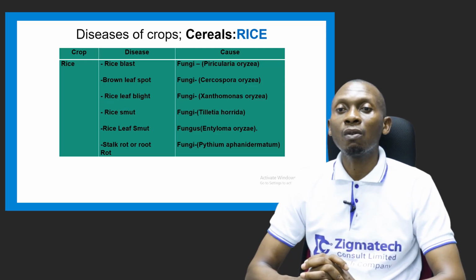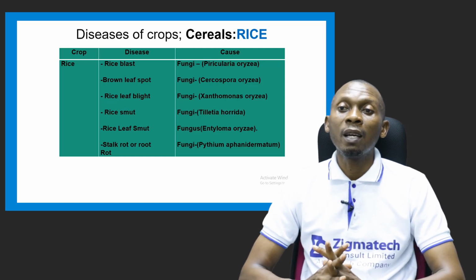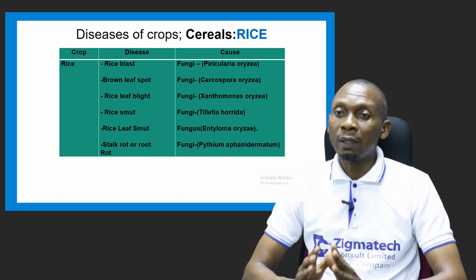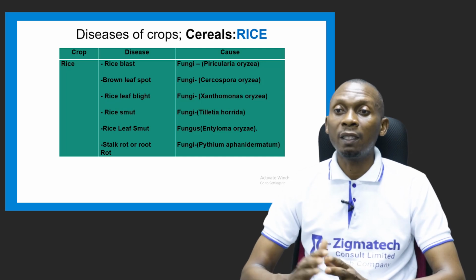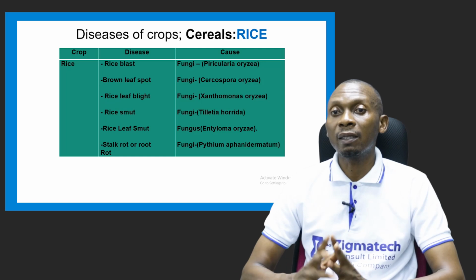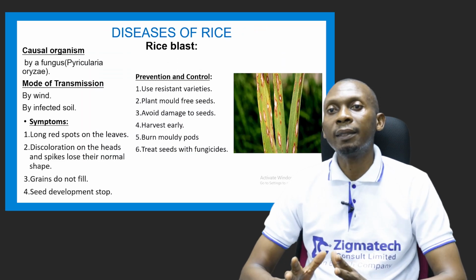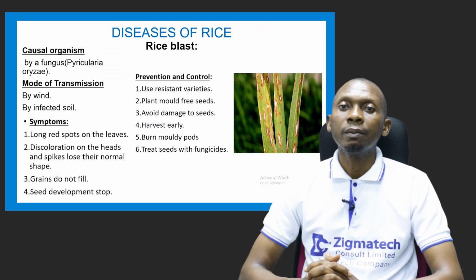We have stalk rot or root rot caused by a fungus, Pythium aphanidermatum. This is the name of the fungal disease that causes stalk rot or root rot disease. So we're going to look at these diseases in detail.